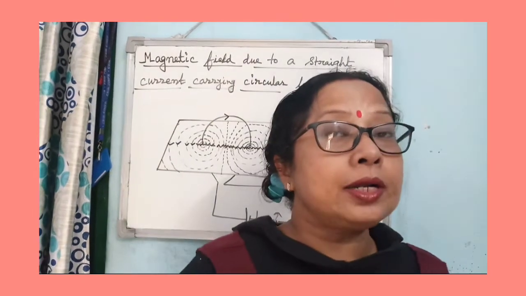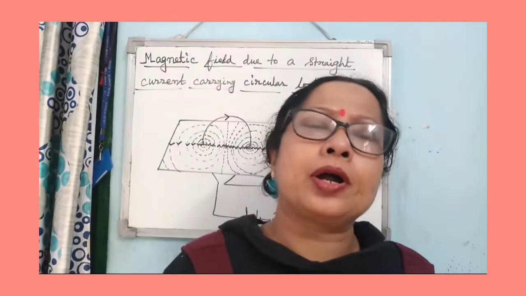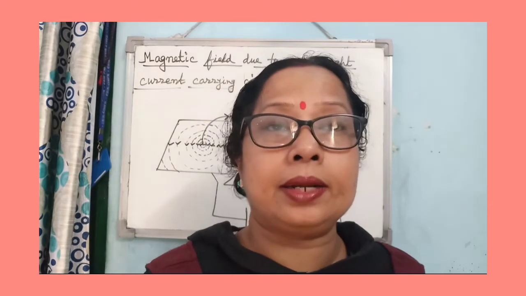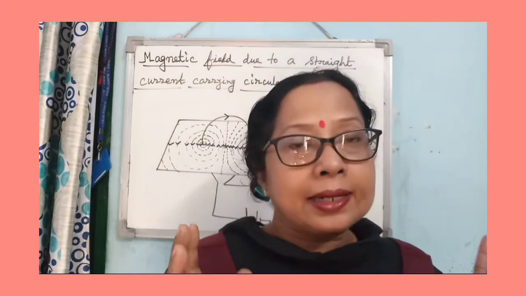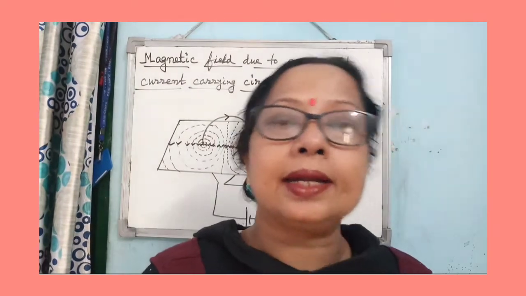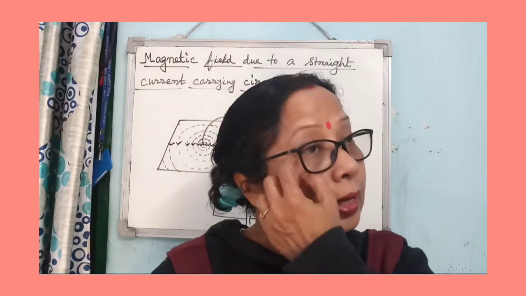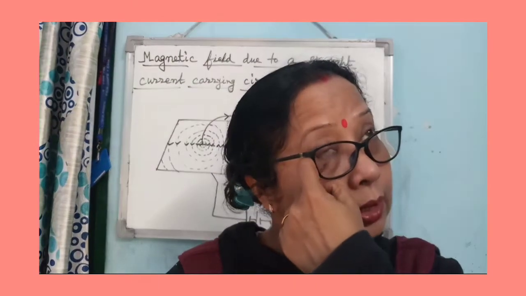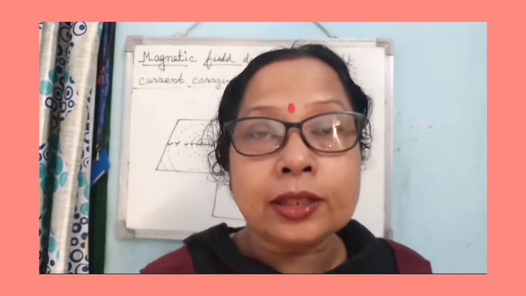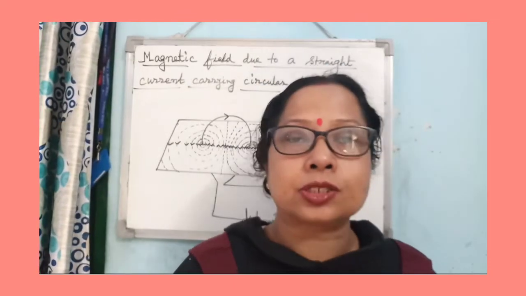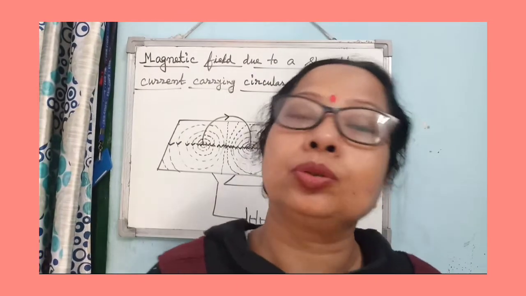So, this point is very, very important. You have to learn and remember it. That when the magnetic field is produced by a current carrying circular loop, then note down this way, that the strength of the magnetic field depends on the current passing through the loop.